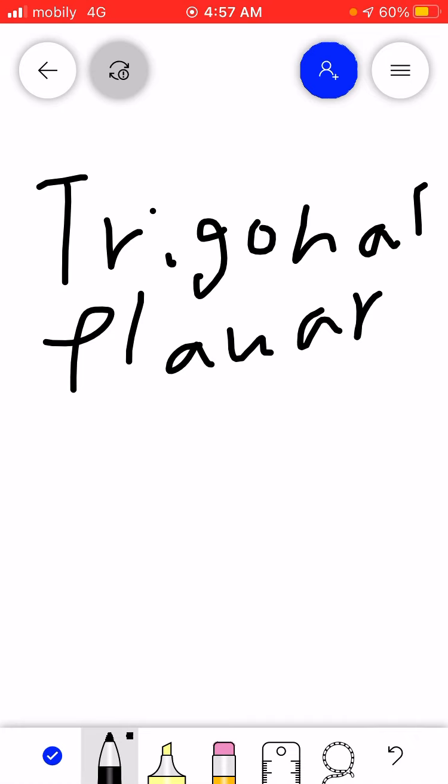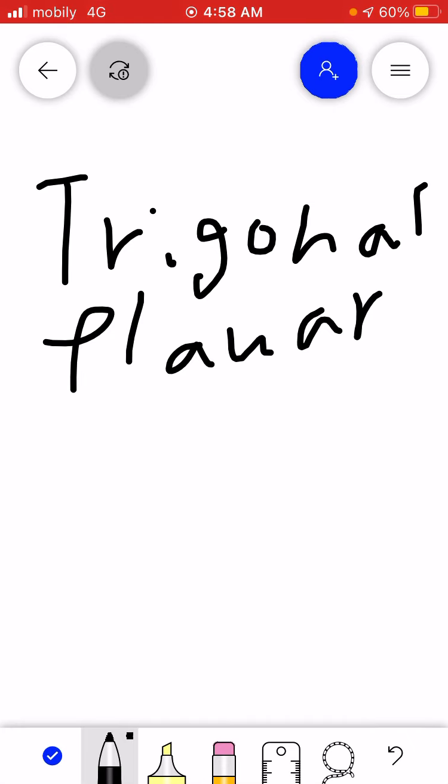So why do we say boron trifluoride is trigonal planar? Well, trigonal planar is basically when it contains 3 bonds with no lone pairs on the center atom.